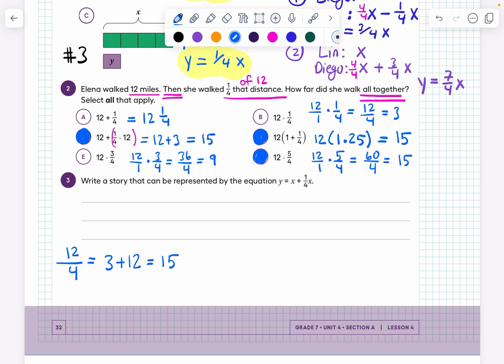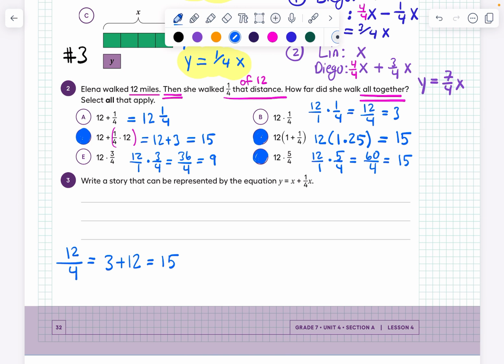All right, number 3, it says write a story that can be represented by the equation y equals x plus 1/4 x. There are so many different answers that can be done here.